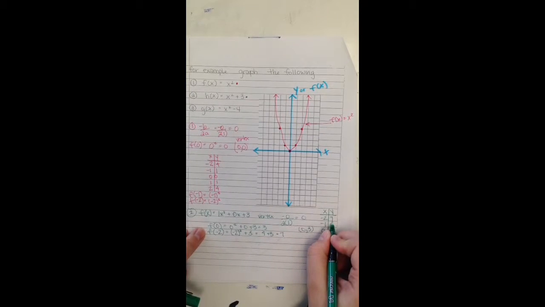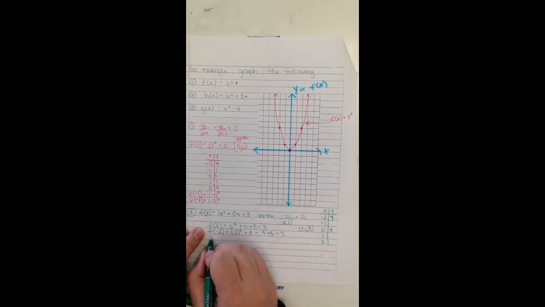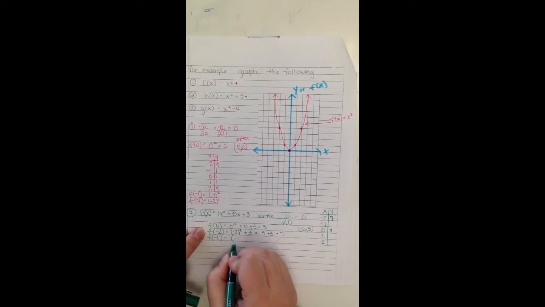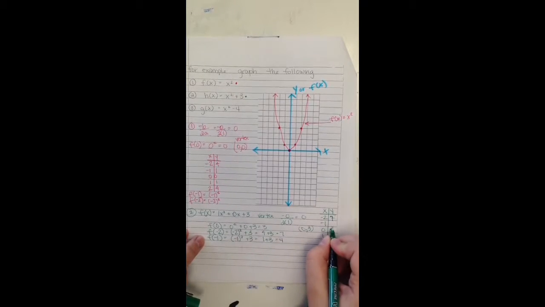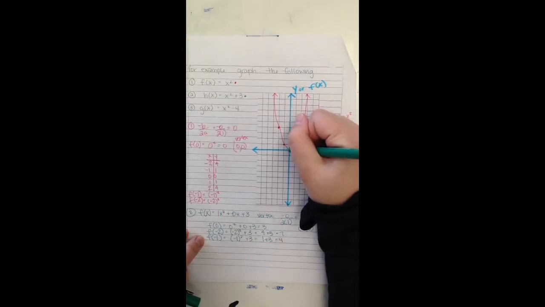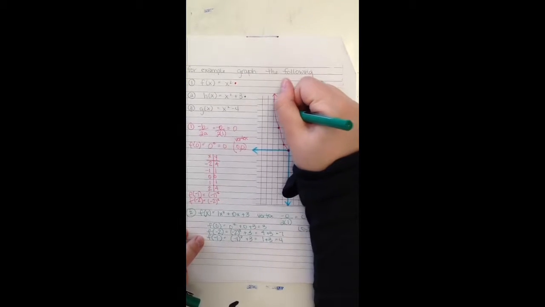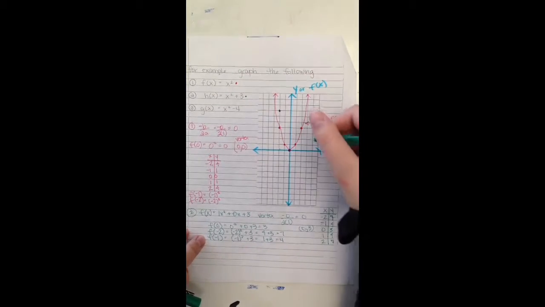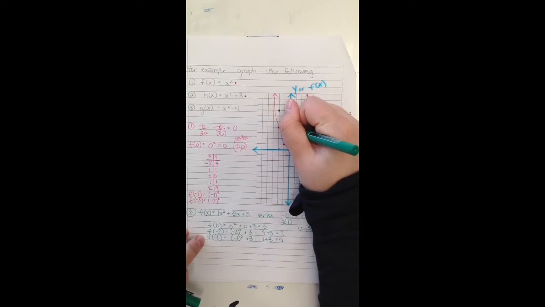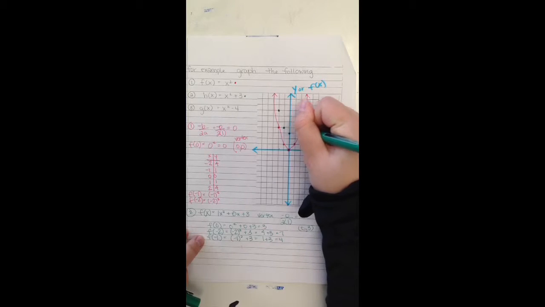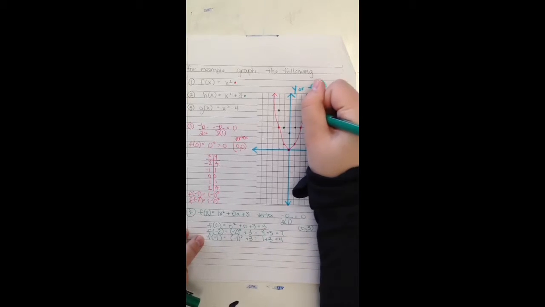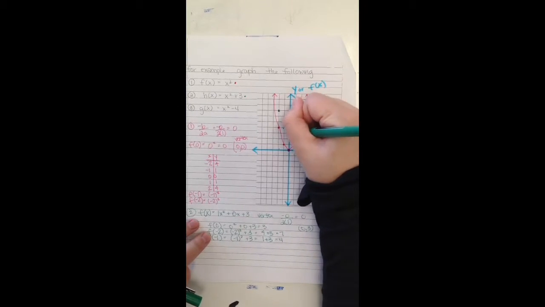So I get 7 here. And then f of negative 1 gives me negative 1 squared plus 3. So I get 1 plus 3, which is 4. These are symmetrical, so I can say 4, 7. So negative 2, 7. Negative 1, 4. 0, 3. 1, 4. And 2, 7. And then I can draw in my curve.